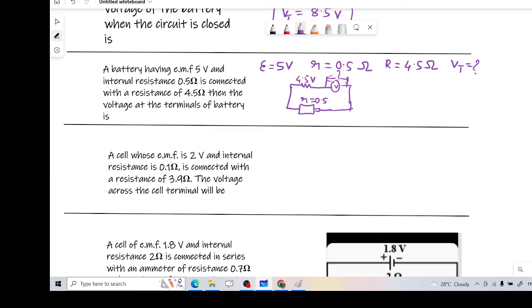To solve this, the first thing we need to do is calculate the current flowing through this circuit. See, we have VT equal to E minus Ir. From this, E is given and internal resistance r is given, but we don't know the value of I. To calculate this I, see here the total resistance in the circuit is R plus r.